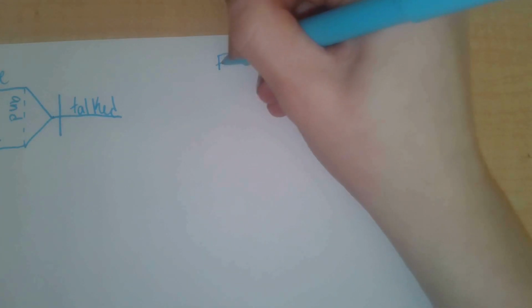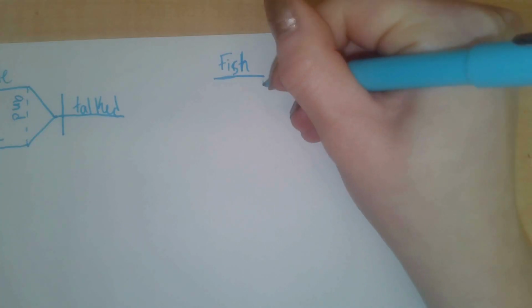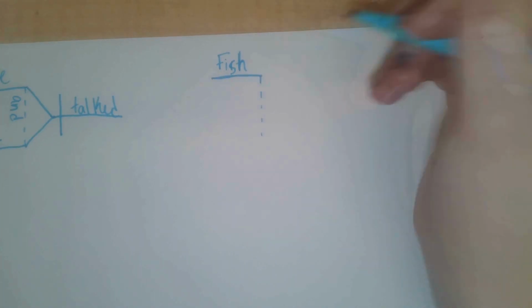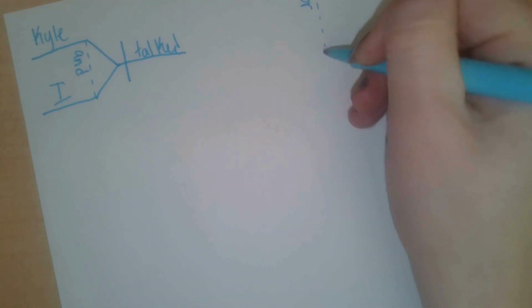Then, fish or birds swim. We have fish, our first subject line. Dotted line down. And our conjunction is or. Then we're going to do our second subject line.